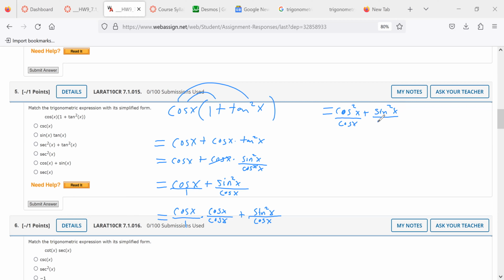Okay, so now they have the same denominator. So add them together and we have cosine squared plus sine squared over cosine. But what is cosine squared plus sine squared? Is it one? One, yeah. It's going to be one.